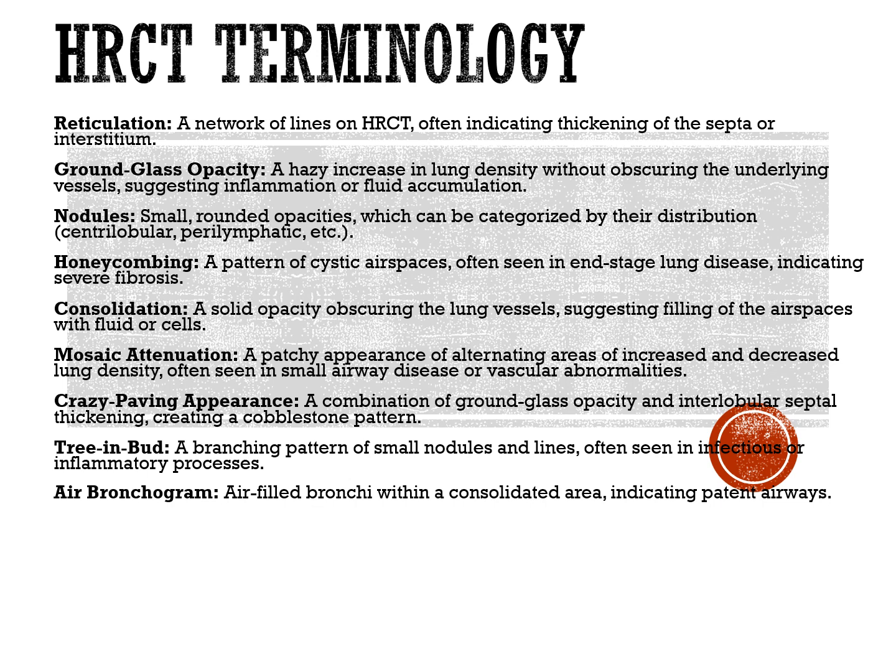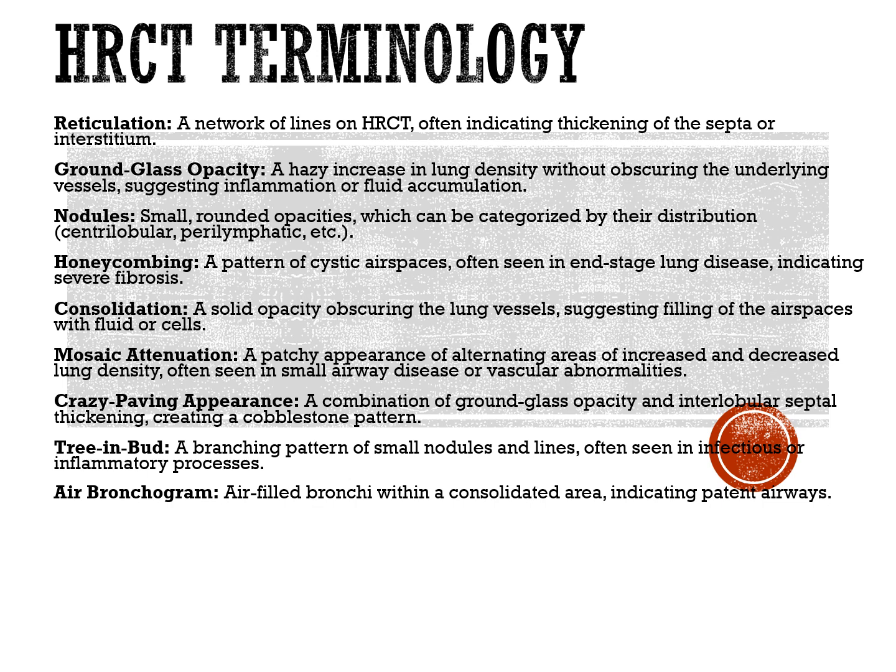Mosaic attenuation is a patchy appearance of alternating areas of increased and decreased lung density, often seen in small airway diseases or in vascular abnormalities. Crazy paving appearance is a combination of ground glass opacity and interlobular septal thickening, creating a cobblestone pattern.